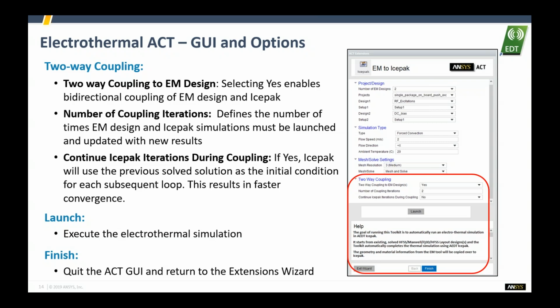Whether to continue iSpec iterations during coupling: iSpec will use the previous solved solution as the initial condition for each subsequent loop. This results in faster convergence. And lastly, we have the launch button and the finish button to quit the ACT.